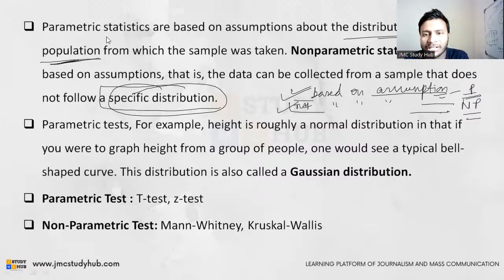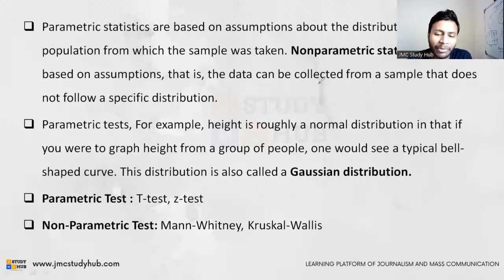You may consider the type like when we were studying probability and non-probability, where in probability we randomly select the sample, and in non-probability we purposively or specifically select the sample, right? So that is non-probability.